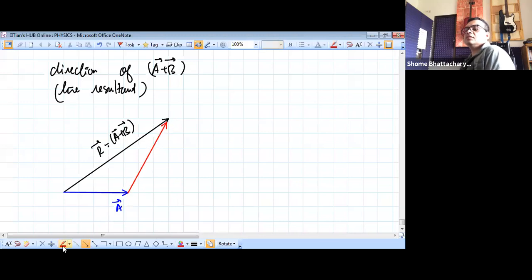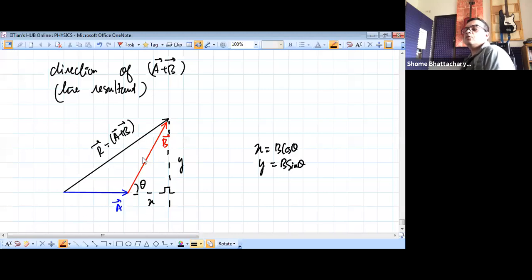So far I am drawing triangles where the exterior angle is acute, the interior angle is obtuse. We will switch to other types of diagram also, don't worry. But in the meantime, we've also seen that this side was x, this side was y, and x was b cos theta and y was b sin theta.